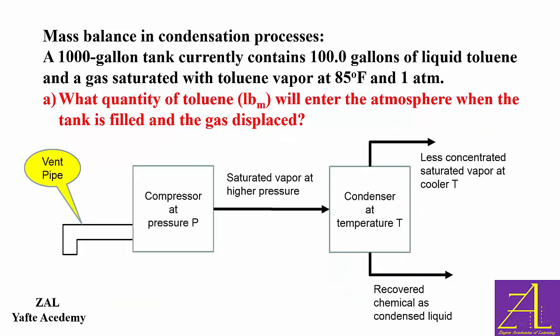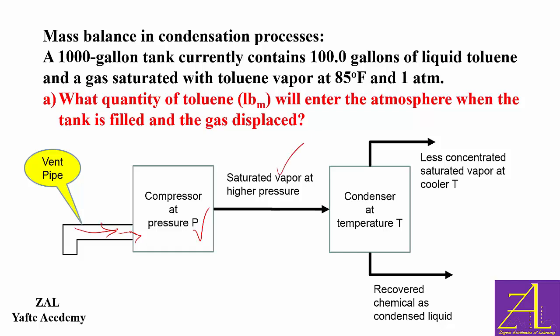To reduce the pollution, the vapor is led to a system that you see here in this problem, a compressor and a cooler, to recover some of the toluene chemical. The saturated vapor enters the compressor that raises the pressure of the vapor to P. As a result of the rise in pressure, we may have a mixture of vapor and liquid exiting the compressor.